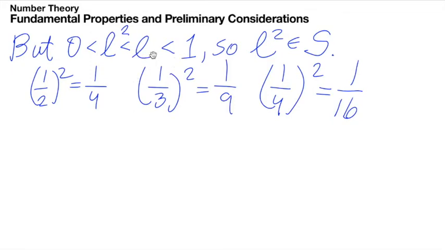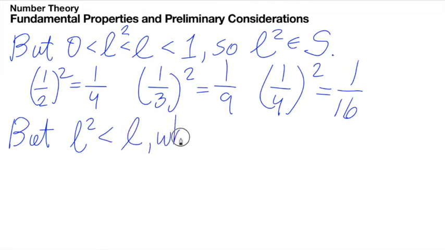Though we say to ourselves that L is an integer, try to imagine all the numbers between 0 and 1. Square it, it's always going to be less than that L. So L squared is in S, as we said. But clearly here, L squared is less than L, which is a contradiction.